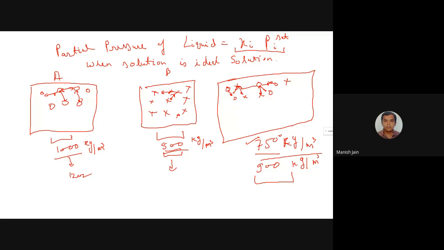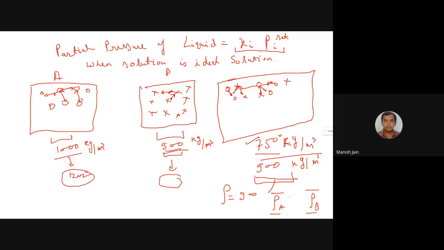So this is called the partial properties. Partial properties means in the solution, if the density of the solution is 900, how much part of the 900 comes from component A and how much comes from component B, rho A and rho B. Because this rho A and rho B are not the actual densities of components A and B, it is called the partial property.